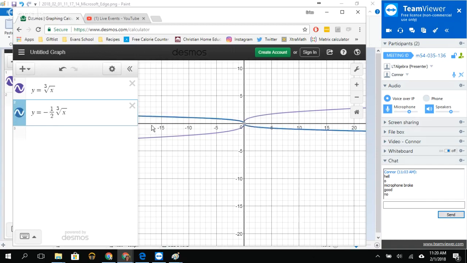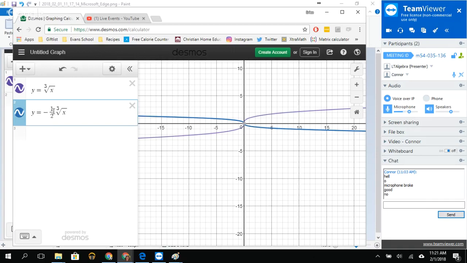So then it's multiplying by half, so it's growing or decreasing half as quickly. So you can kind of see how that is. Now the blue function, right? The purple one is the one we just did. The blue function will have the same domain and range. So the domain of the blue function is going to be all real numbers, all real x's, right? And the range is also all real numbers.